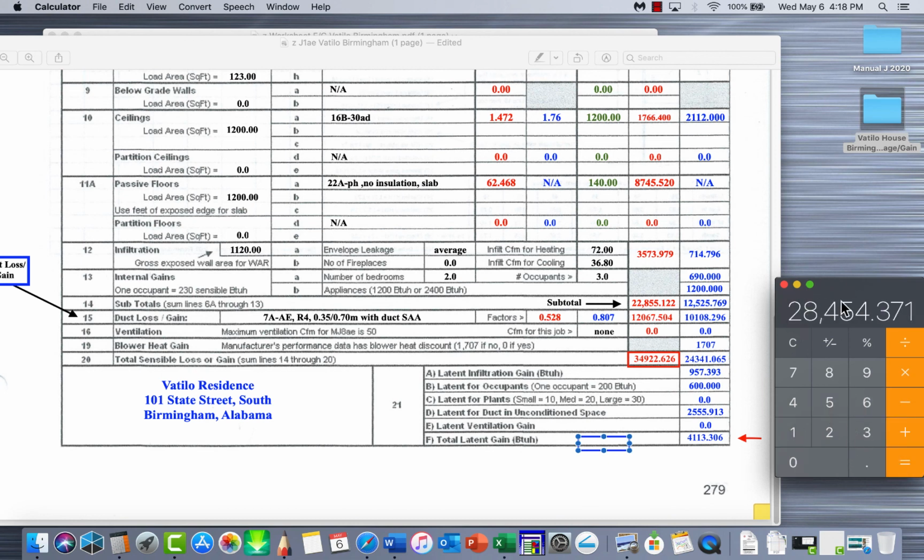So 28,500, we'll just go ahead and say 28,500 for cooling, 34,000 rounded up, 35,000 for heating, and that'll be the numbers that you actually use to try to determine your equipment size.